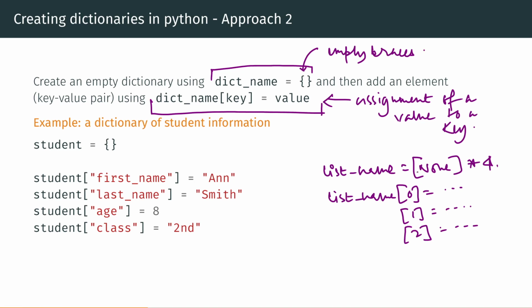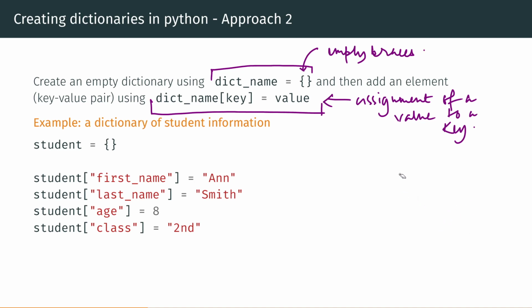But there is a small difference. In this case the list size was fixed. You had already defined how many elements the list would have. But in this case the dictionary is completely empty. So a proper equivalence would be how you'd create a list when even the number of elements is unknown.